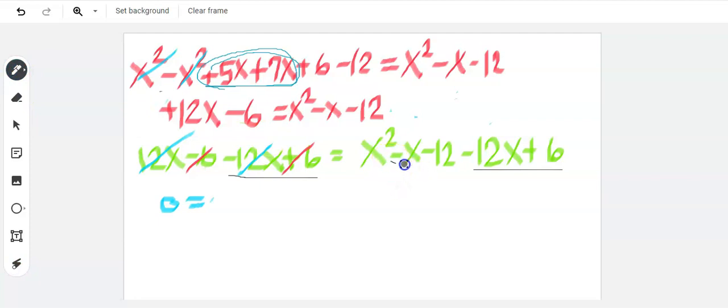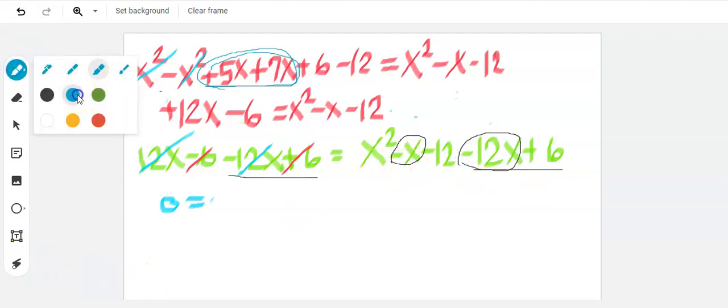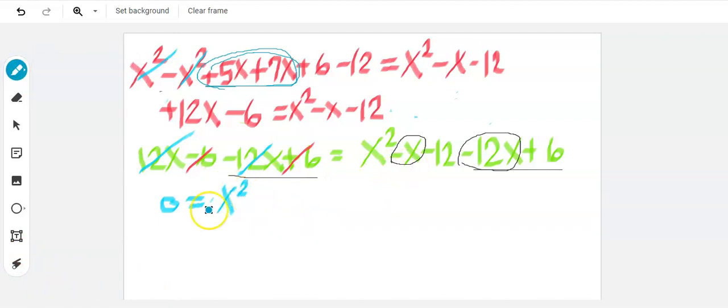Let's now combine the two linear terms, negative x and negative 12x. But before we combine the linear terms, let's copy the quadratic term. Now let's add the two linear terms: negative 1x and negative 12x. We add the numerical coefficients.